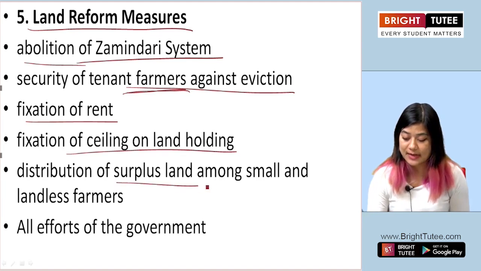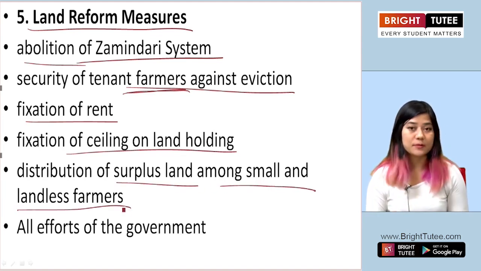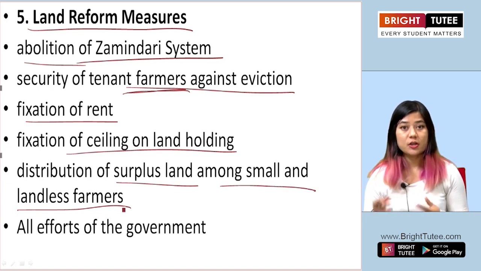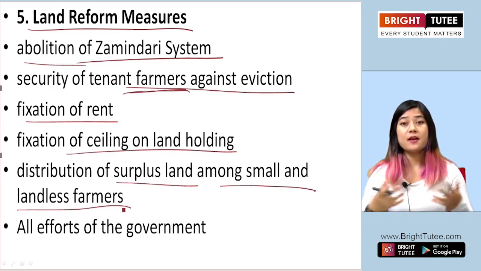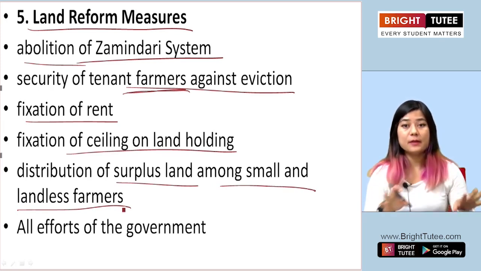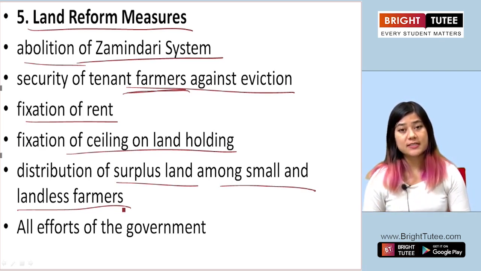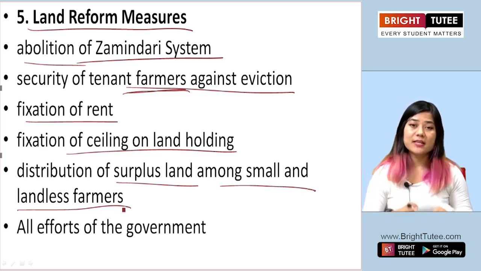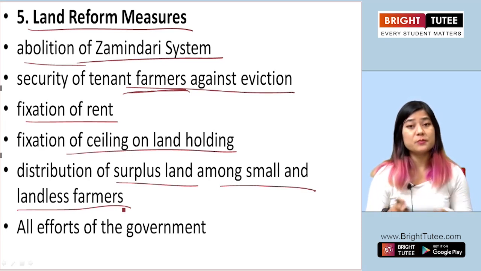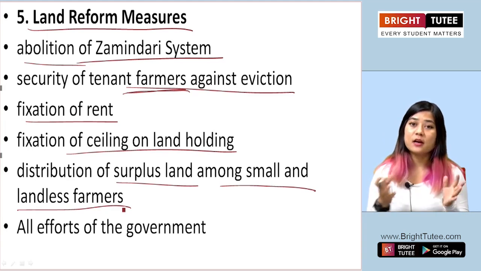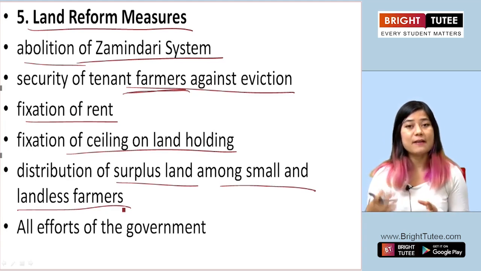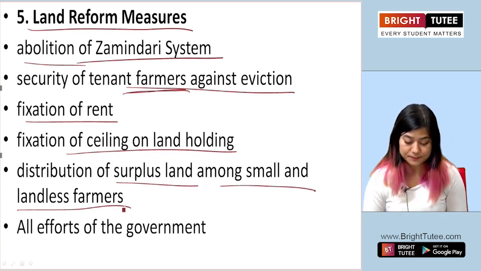Distribution of surplus land among small and landless farmers. This is another measure to prevent poverty. If there is extra, available land, the government tries to distribute that land among the small and landless farmers so that they can cultivate whatever they want, have their own business, and build their house on that piece of land.